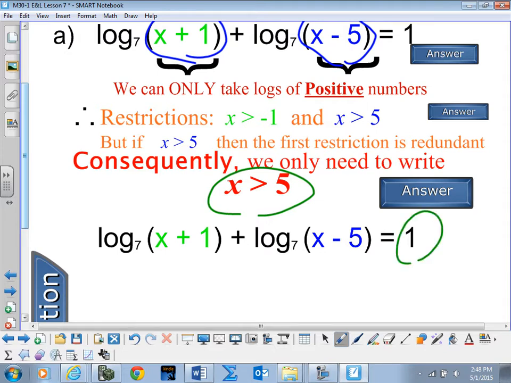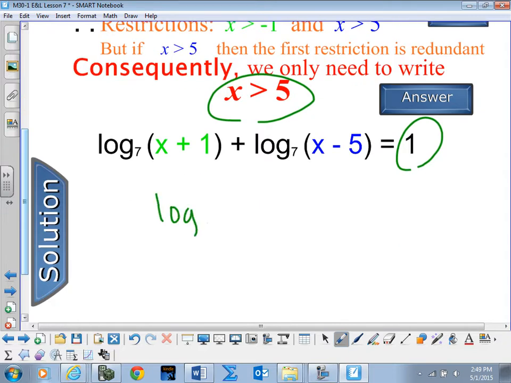All right, now let's look at an equation here. We have a log expression equal to something. But we also have laws of logs that should be applied here. So if we wanted to solve this, what we would do is use our laws of logs and combine to make a single log. All right, because it's addition, we would multiply. I'm not even going to FOIL it out yet.